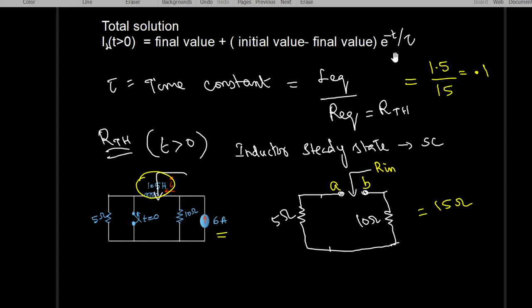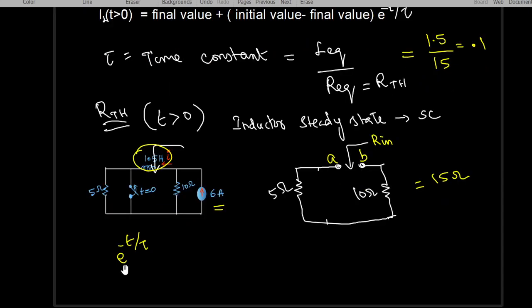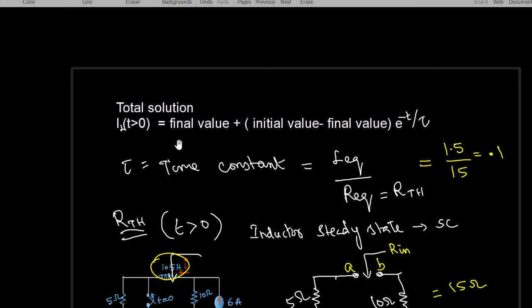Now we need to calculate e power minus t by tau. So this e power minus t by tau means e power minus t by 0.1. This is equal to e power minus 10t. Okay. Now we need to write this total solution.